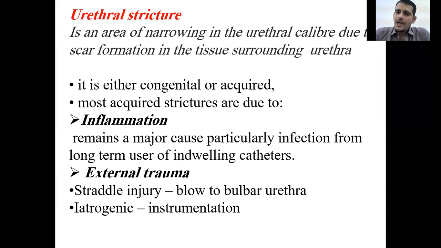Any trauma or infection of the urethra leads to formation of scar and narrowing of the urethra. The most common cause is infection. Others include external trauma, straddle injury, a blow to the bulbar urethra, and iatrogenic instrumentation.